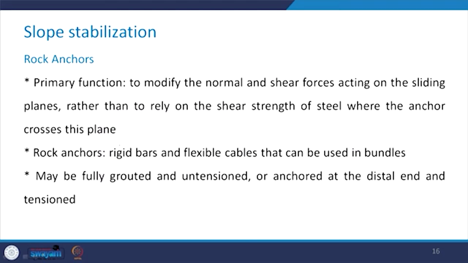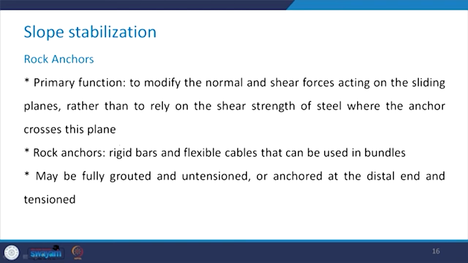The primary function of rock anchors is to modify the normal and shear forces acting on the sliding planes, rather than to rely on the shear strength of steel where the anchor crosses this plane.